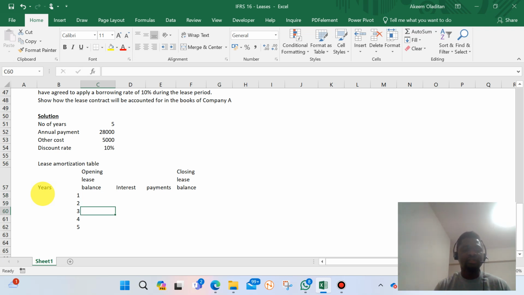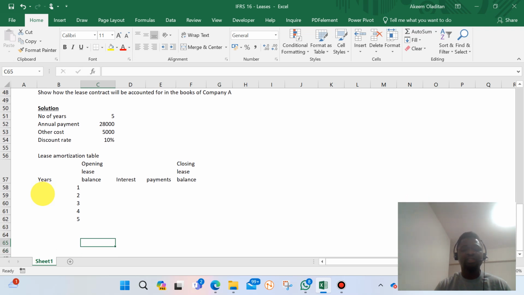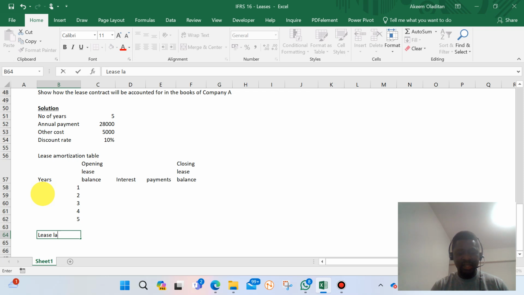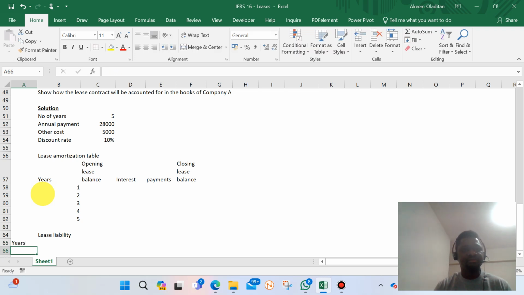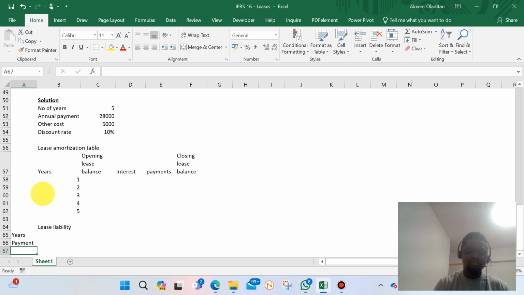So the first thing to do is to look at what the lease liability is. So we have the years, we have the payment that we are going to make in each of those years, and we have the discount factor.